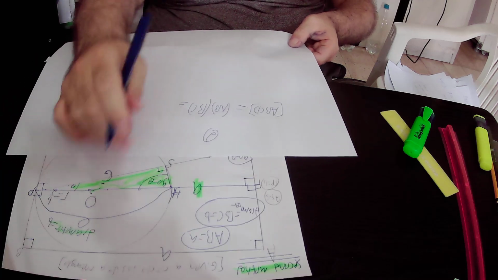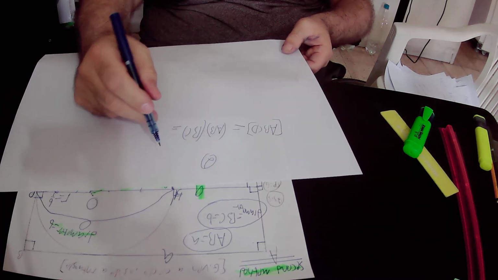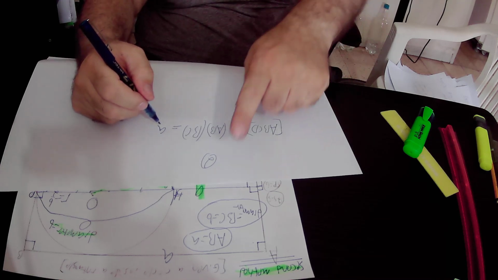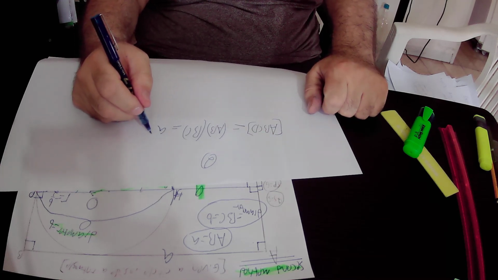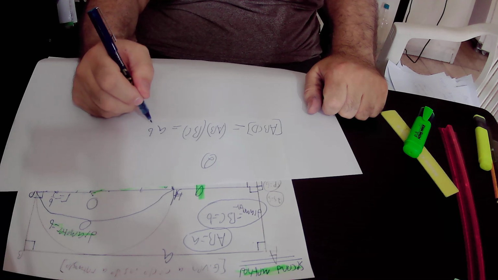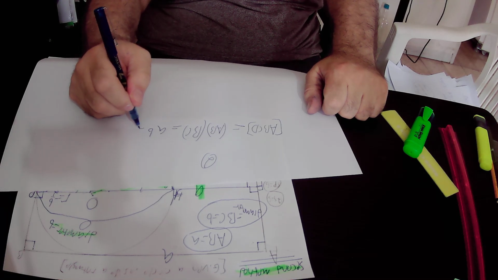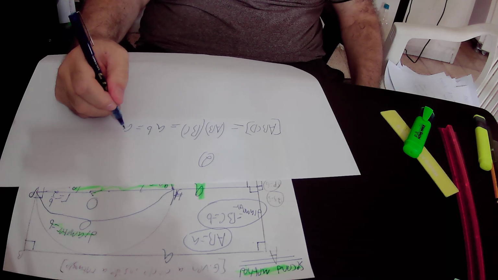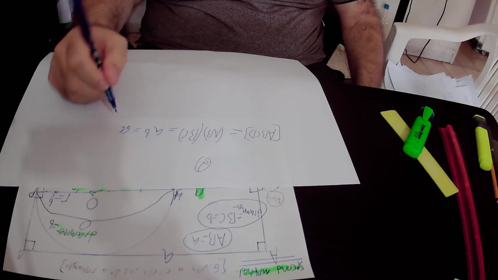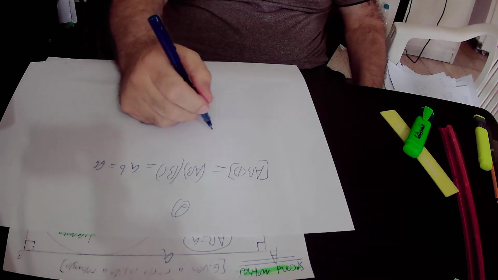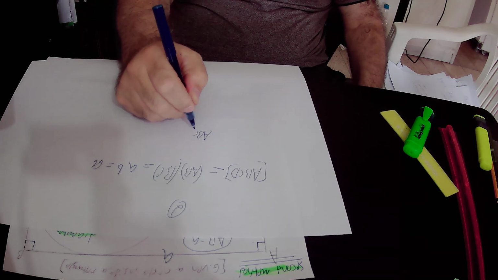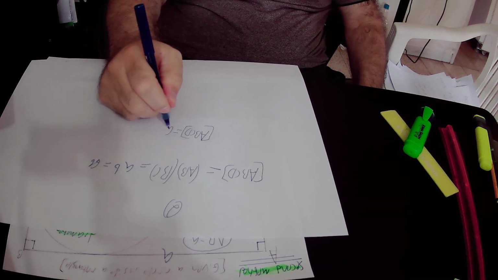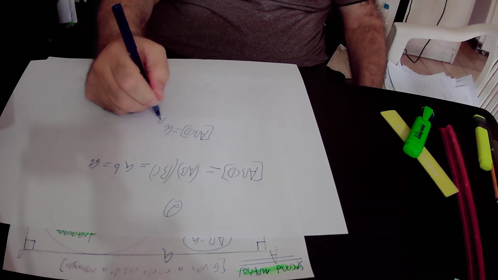But according to our definition, AB equals A and BC equals B. So we substitute AB by A and BC by B, and we get that the area of rectangle ABCD equals A times B. And we just found out that A times B is 66. So in conclusion, the area of rectangle ABCD is equal to 66 square units.